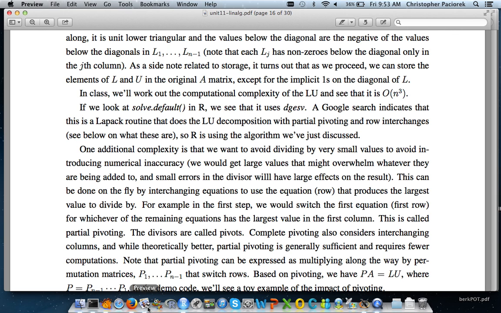I'm going to have minus 1 over 0.0001 times 0.0001 x1 plus x2 equals 1, plus 1 times x1 plus x2 equals 2. This is the transformation of the original 2 equations to get my new second equation to give me an upper triangular system. So if I do this, what do I get as my new second equation?